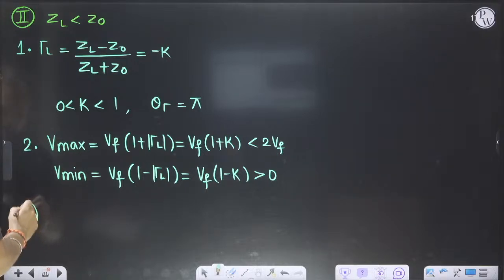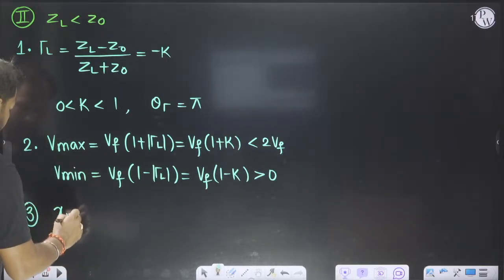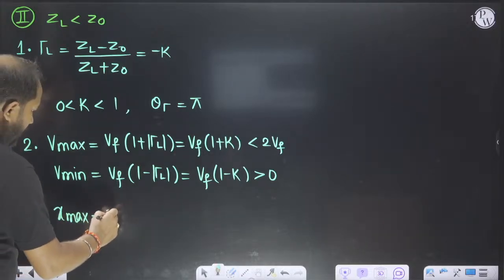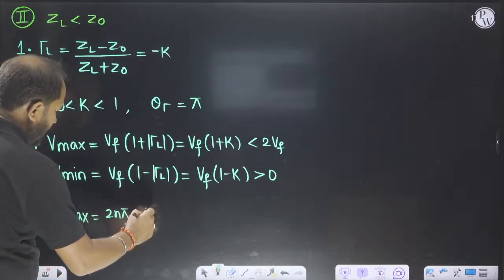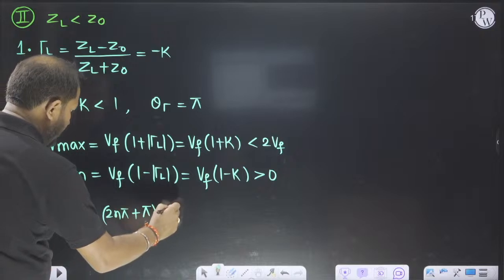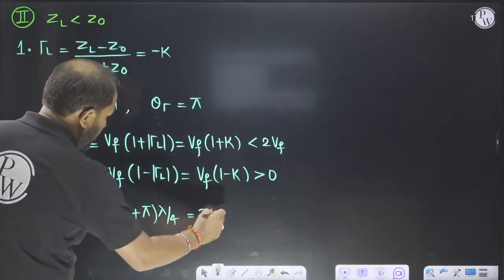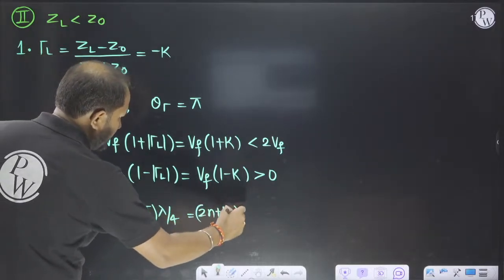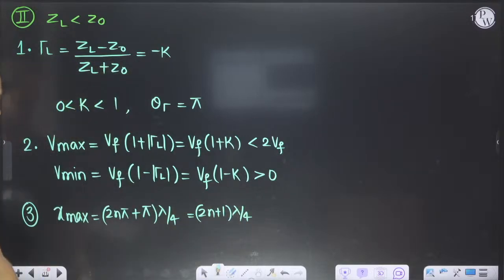The third one: what is the value of x max? X max is 2n pi, and theta gamma is pi, giving an odd multiple of lambda by 4.